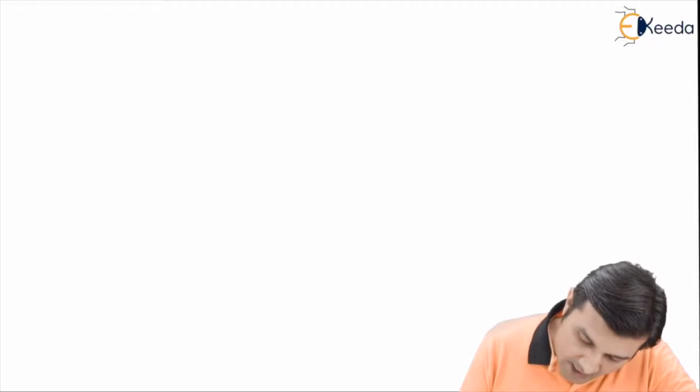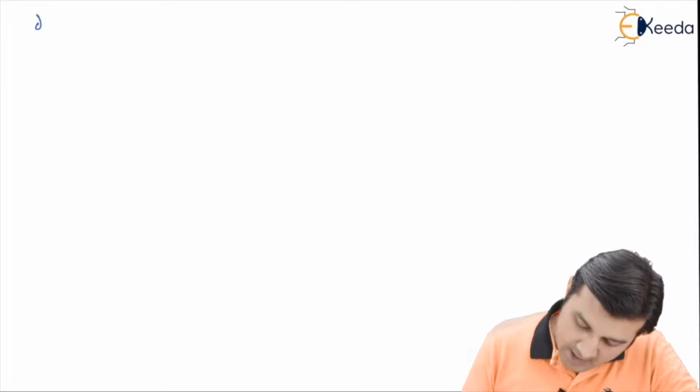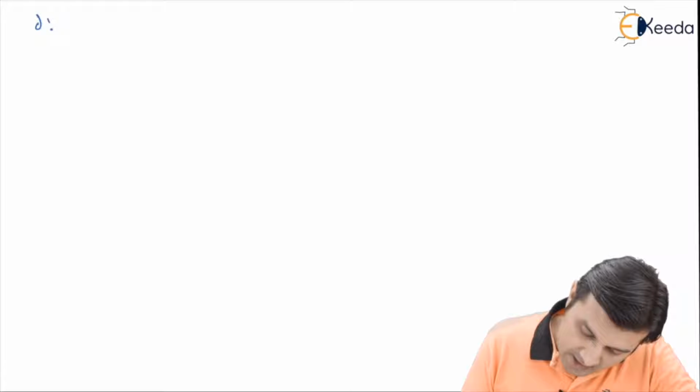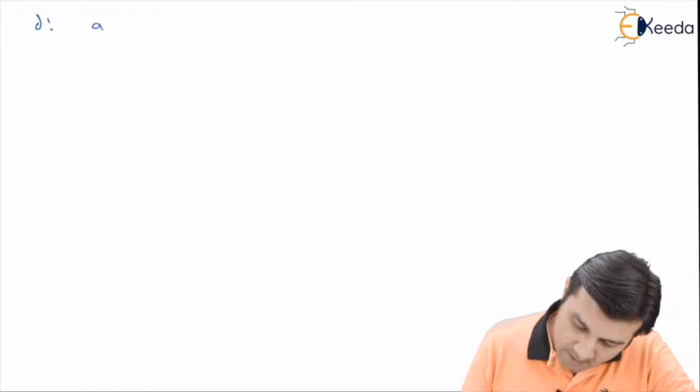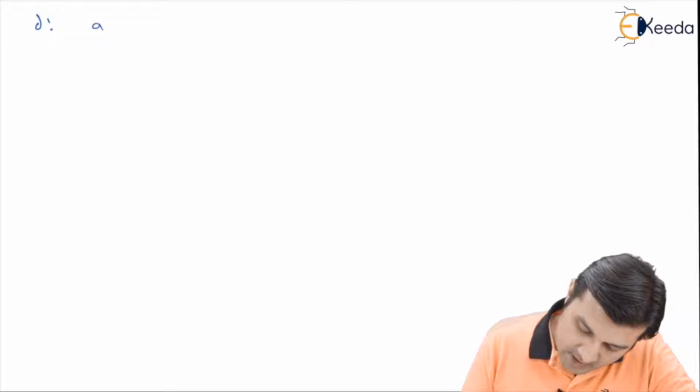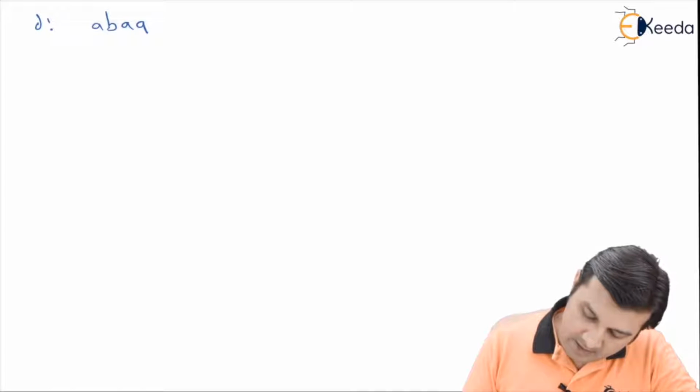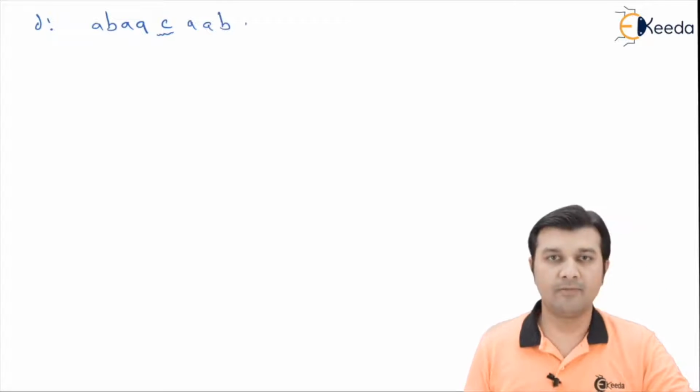So now I have my delta, and let me consider the string as a, maybe like b a a, C in between, a a b a, right?